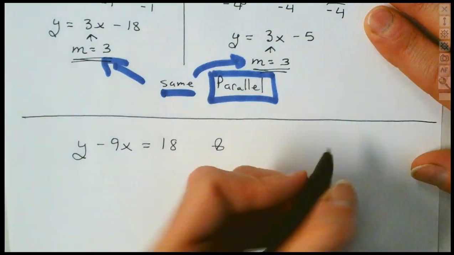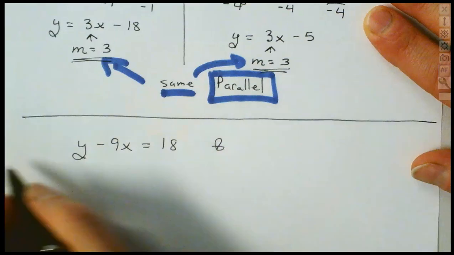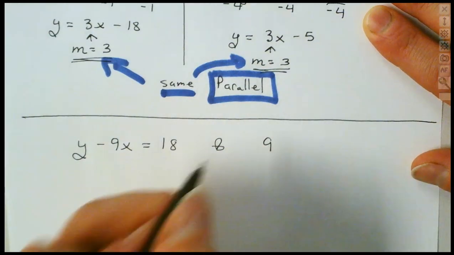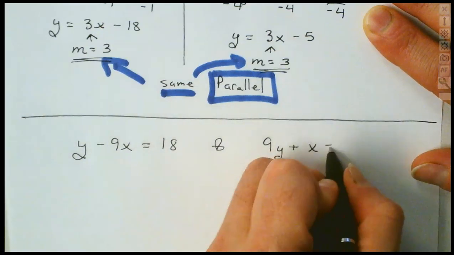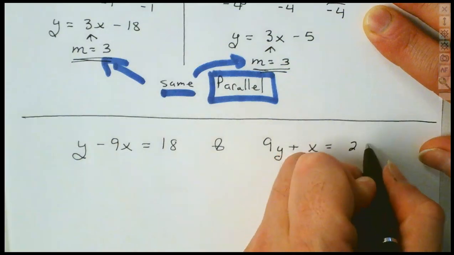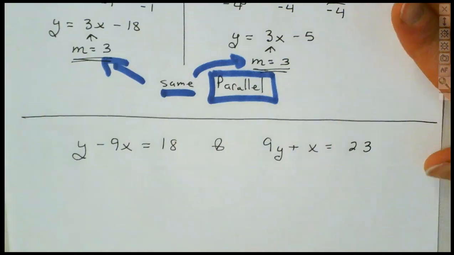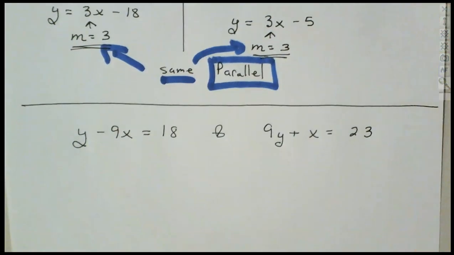And we'll do, let's see, how about 9y plus x equals 23. Let's make sure that does what I want it to do. Okay, so bring that over. Yep, that'll work.